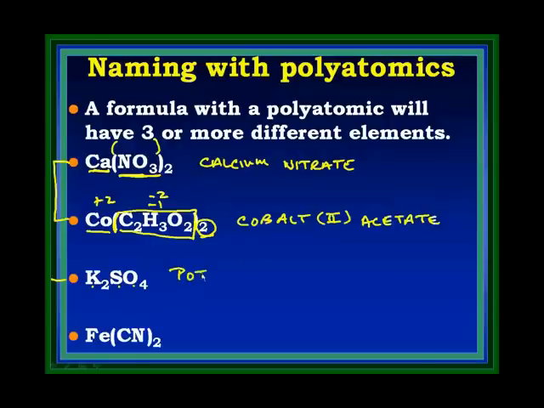The K is potassium, and then what's left is the SO4, and SO4 is called sulfate. No Roman numeral is needed because potassium is not a transition metal.